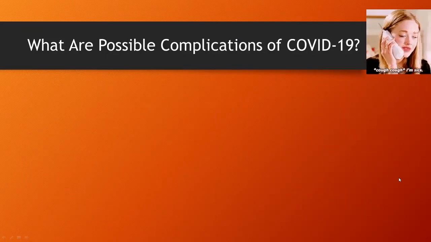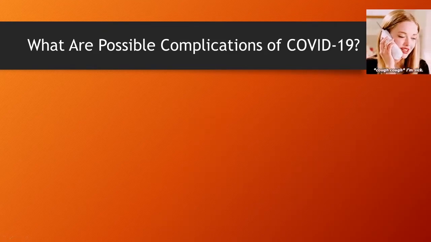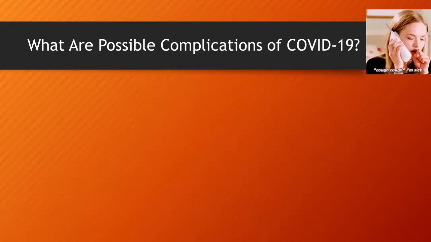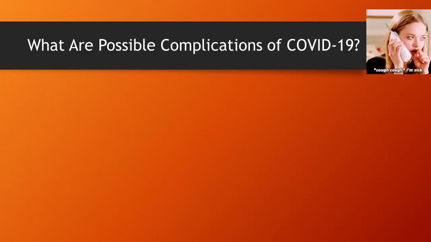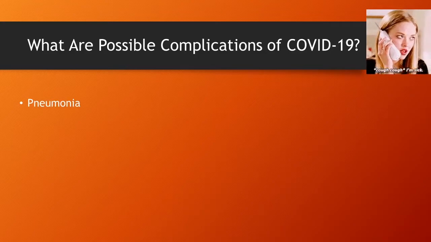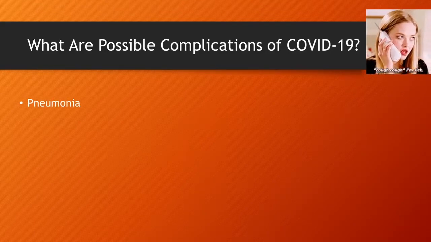What are possible complications of COVID-19? So we talked about the symptoms and even some of the uncommon ones, but now what if it gets real and gets real bad? Well, you can get pneumonia, which is inflammation of the lungs, which is bad, makes it hard to breathe.